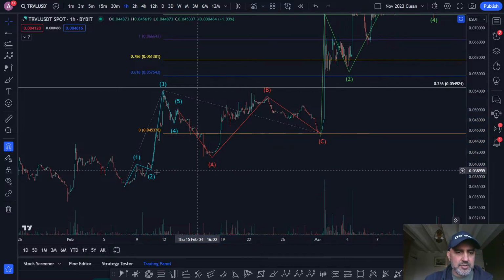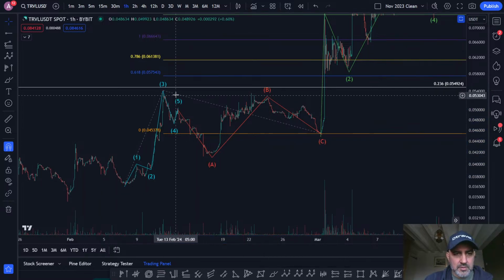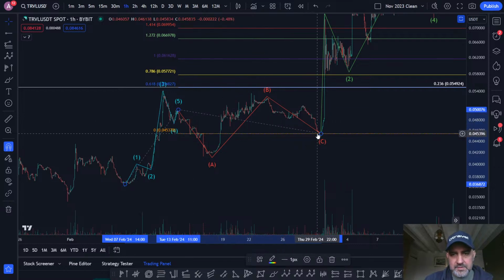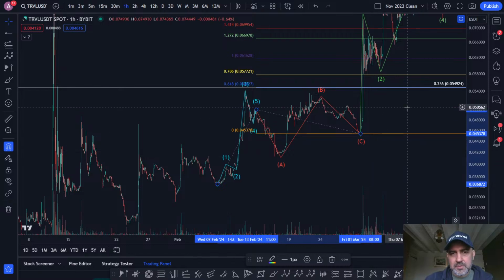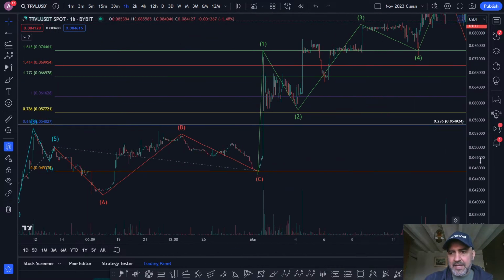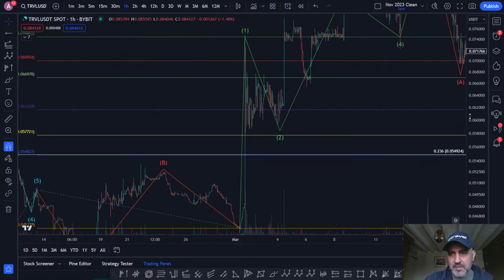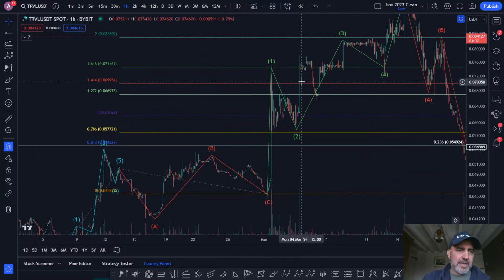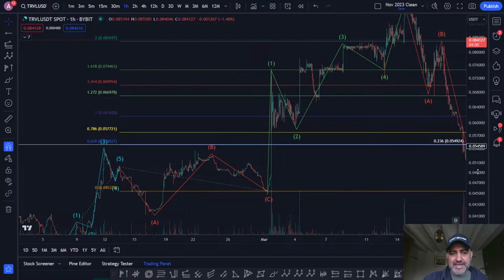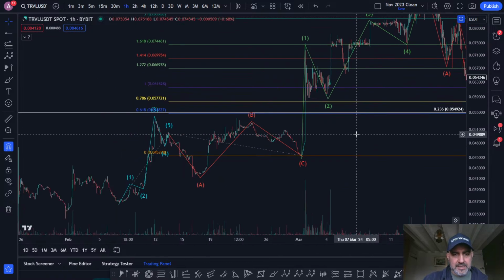So basically you do it from the 0 to the 1 to the 2. And then what you see is how the fib extensions on the trend-based fib, how the price reacts to key levels, okay?